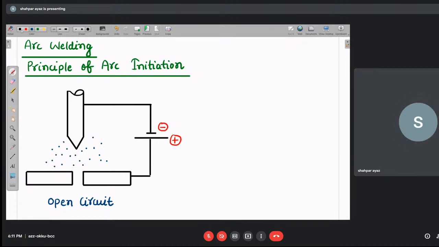Clear? To flow current between two systems, the medium between the systems must be ionized.